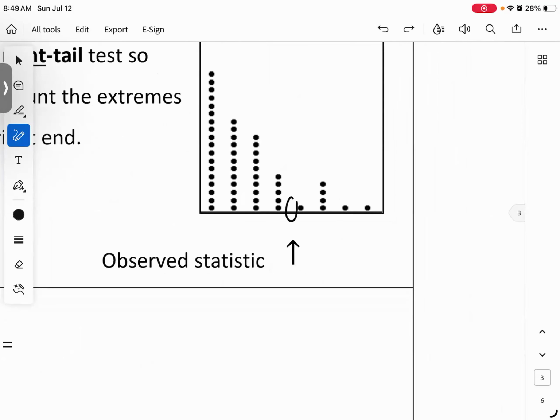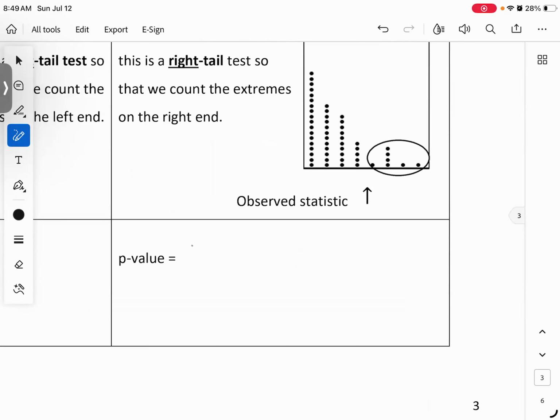And if there's nothing immediately right above it to count, then you just move on to anything that is more extreme, which would be to the right. So that would be 4, 5, 6, 7 dots. And again, they'll tell you how many total dots were re-randomized. And you would divide that to get your p-value.